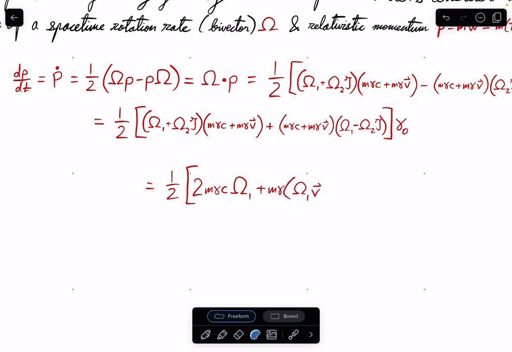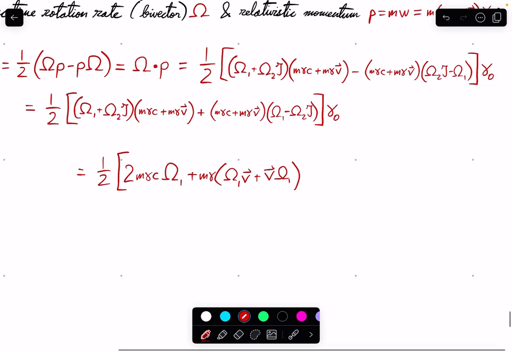Like this, gamma v plus v omega 1. And then you're going to have just this constant times omega 2I, but then you're going to have minus omega 2I times a constant. So this and this will cancel each other out.